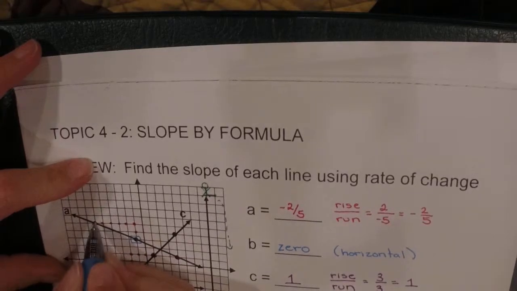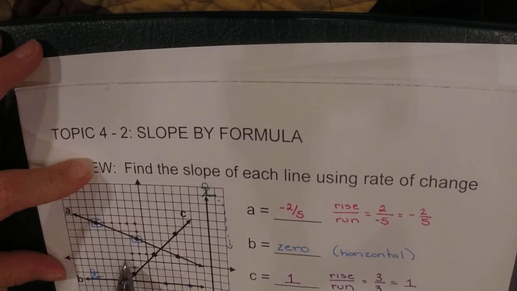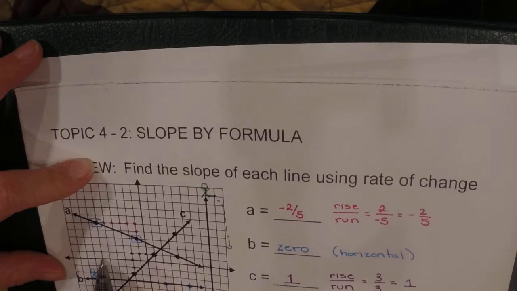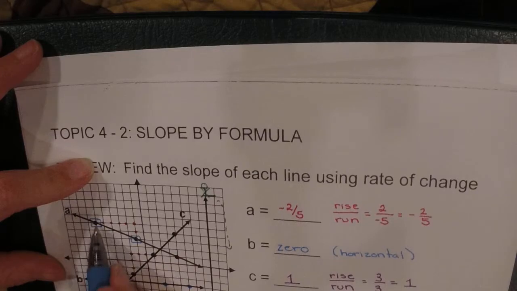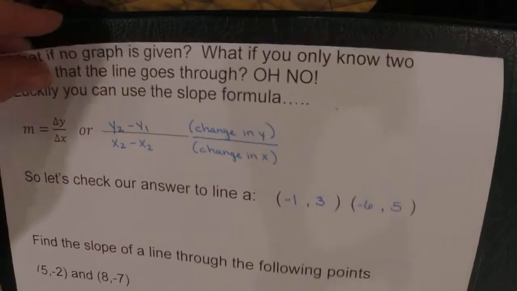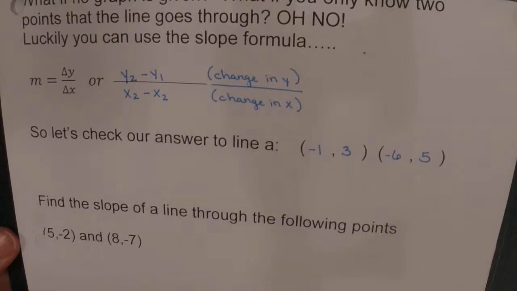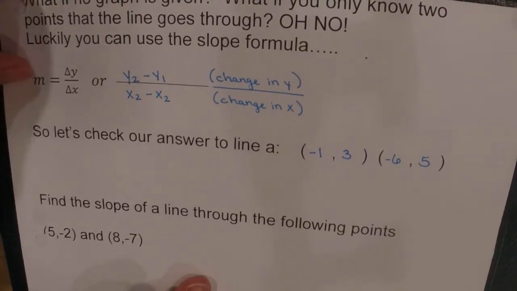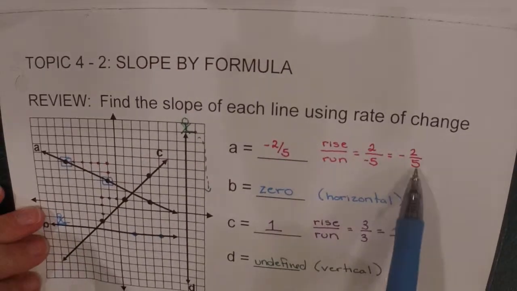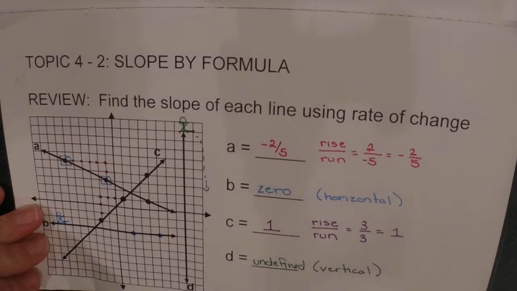And then the other point that we chose was this one, and it is 1, 2, 3, 4, 5, 6. So -6, 5. So if those were the points that we were given, and they said find the slope. Now, we already know the slope is -2/5.